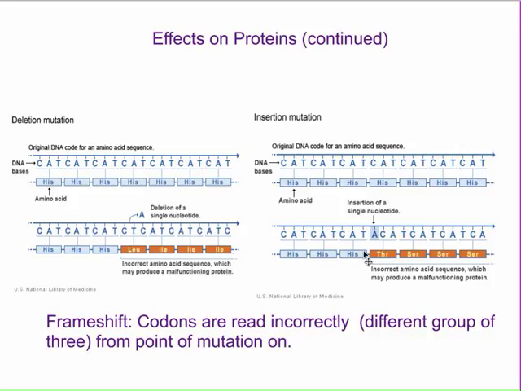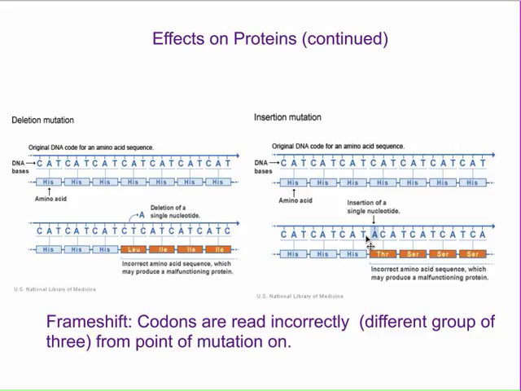And the exact same thing for insertion. Okay, so again, the original was read CAT, CAT, CAT, CAT, and made these amino acids. But if you insert, now the reading frame shifts to the right. It's still read every 3 bases.